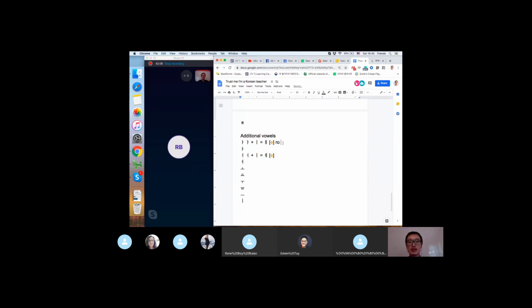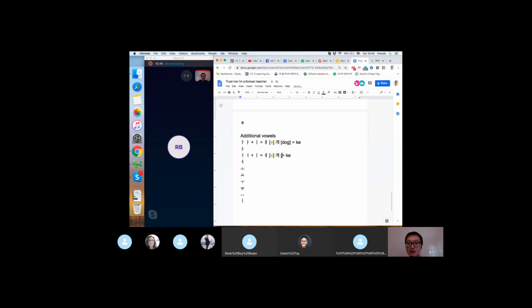So for example, this one and this one. The consonant is k, and the vowel is e. Then what is it? Ke. Then what about this? It's the same thing. Ke. The first word means a dog.